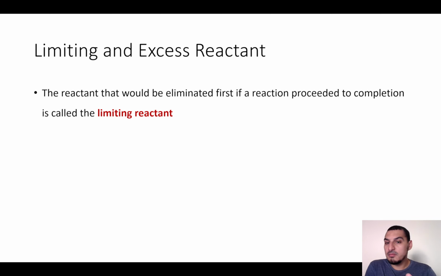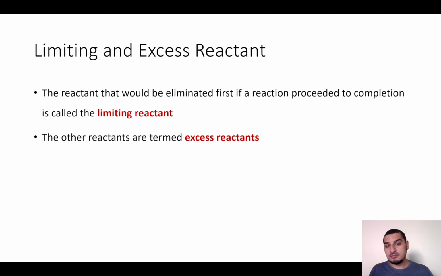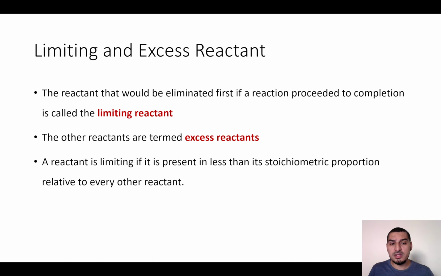So if the reaction stops and I add some more SO2, the reaction will start again. What limits the reaction is the limiting reactant, which is the SO2. The other one is called the excess reactant, which is oxygen, and which is more than the stoichiometric amount.